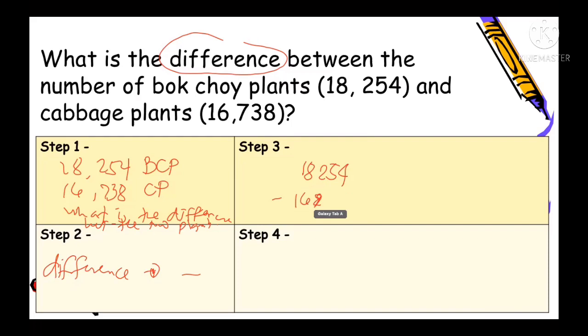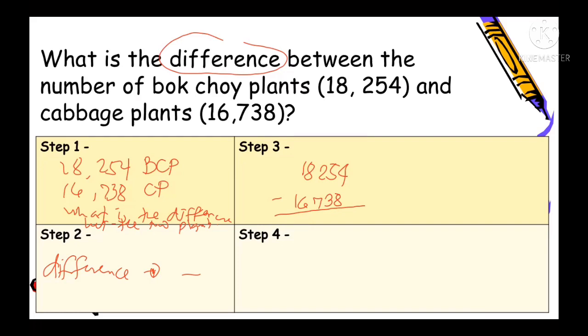Oops, I will erase first. 16,738. What is 4 minus 8? Can or cannot?